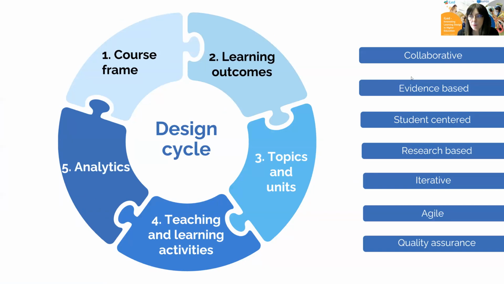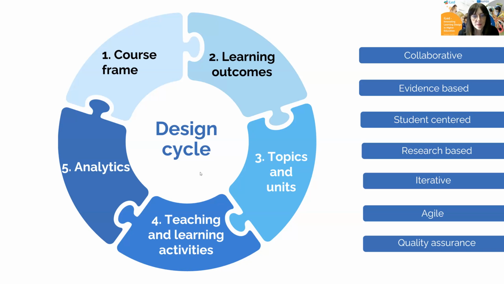And as I said, we try to use this constructive alignment, so to frame the course, put the course in some perspective, describe a course a bit, and then list learning outcomes of the course, plan topics and units of the course, teaching and learning activities as constituent units of topics, and then also use some analytics in this design cycle to see if this planning has been done in accordance with the principles we would like to promote here.